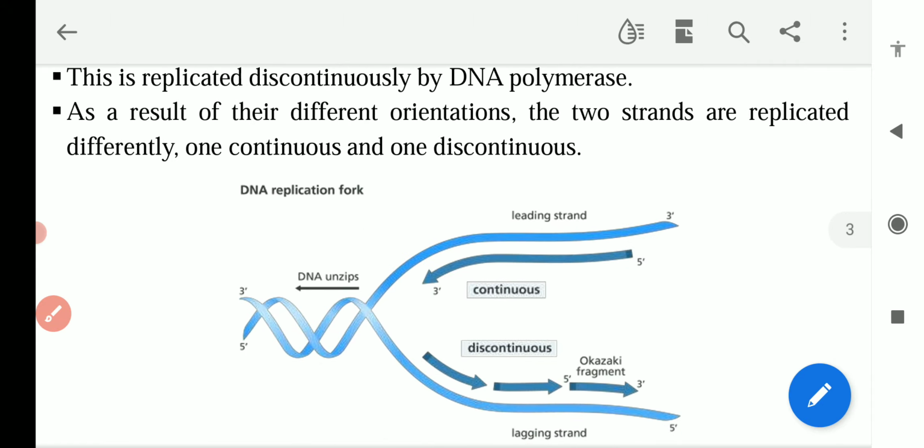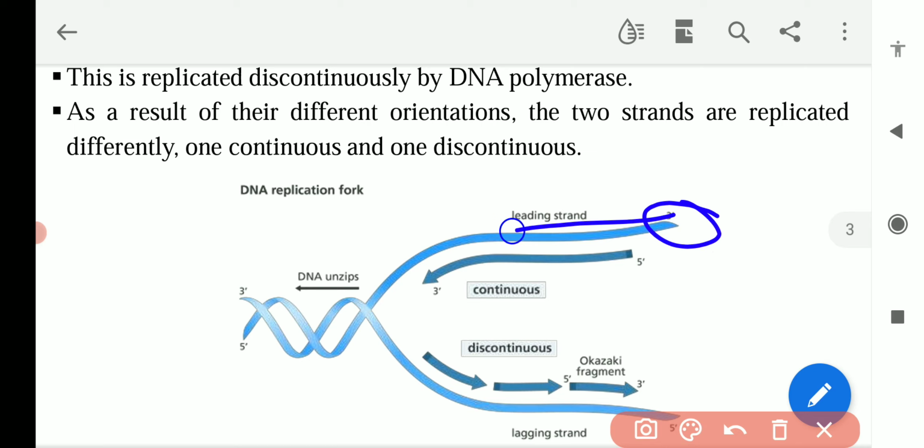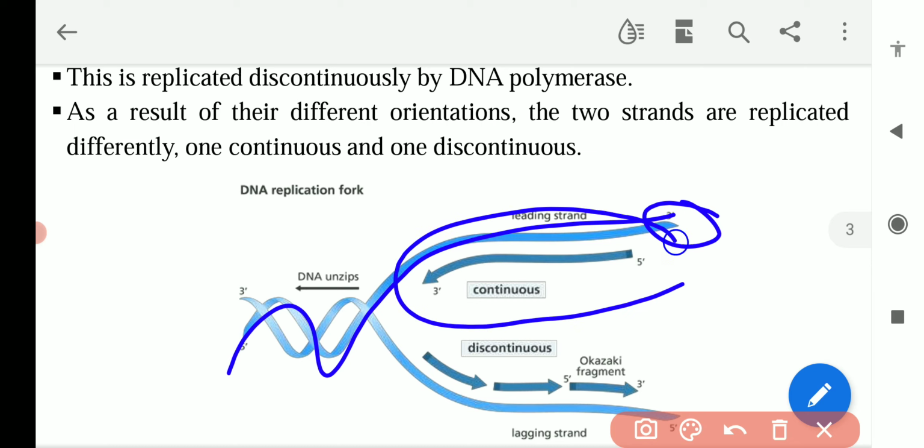So the strand with this orientation, if we count from here, is 3' to 5'. This is a leading strand because DNA always synthesizes a new strand in the direction 5' to 3'.